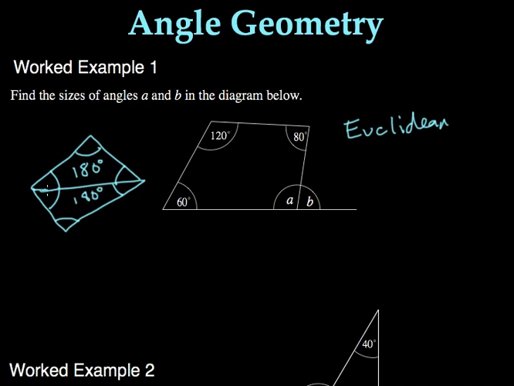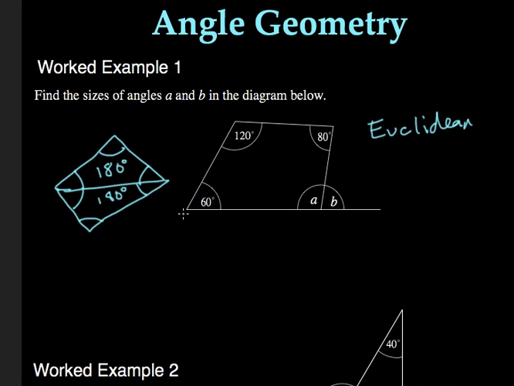Then inside any quadrilateral, any four-sided shape, you'd have a total of 360 degrees. We can use that fact here. By adding together the 60, the 120 and the 80 degrees, we need to find out what's remaining to find A. By adding these together, we should find that it's 260 degrees.